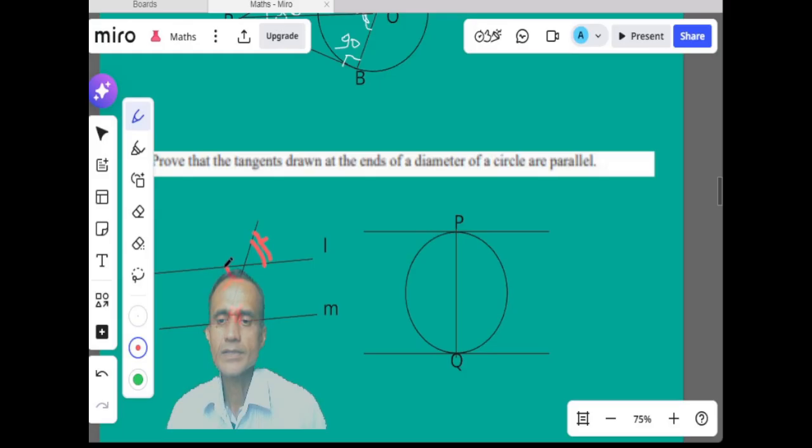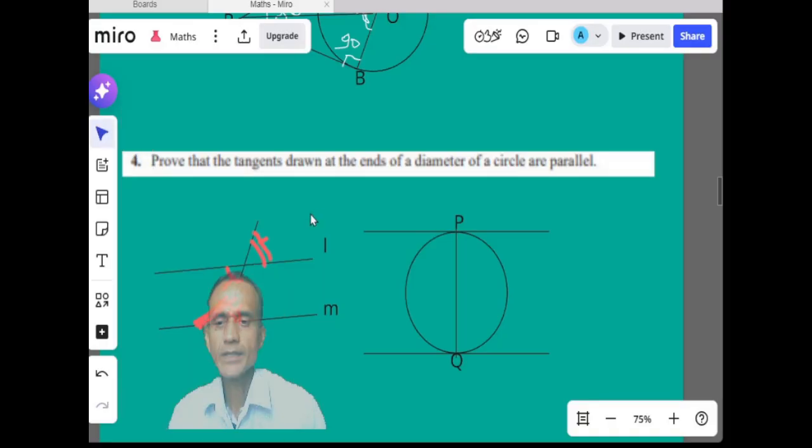And the sum of interior opposite angles is 180 degree. So sum of this angle and this angle is 180 degree. So if any of these properties are there, then we can say that the two lines are parallel. So let us see the figure as per question number 4.